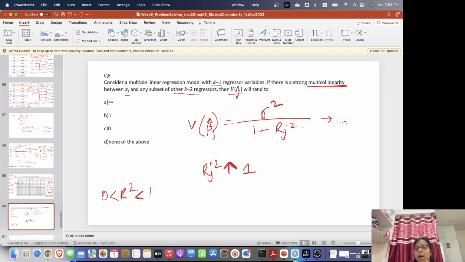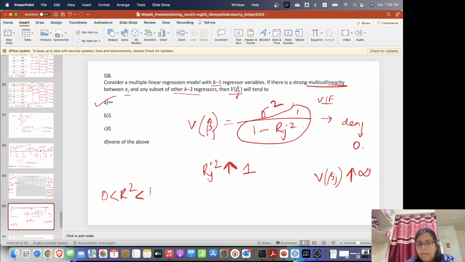As a result, the denominator will move towards 0, and the variance of beta j will move towards infinity. Is it okay? This is why this term is called a variance inflation factor, because it is inflating the variance. Is it clear? Okay.